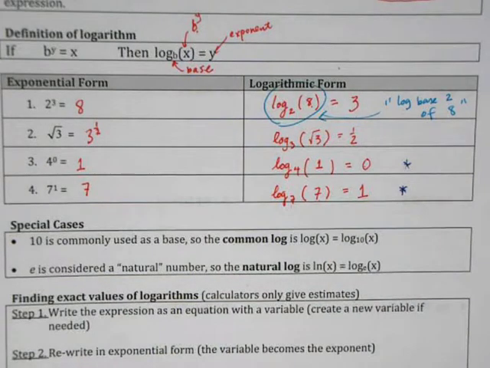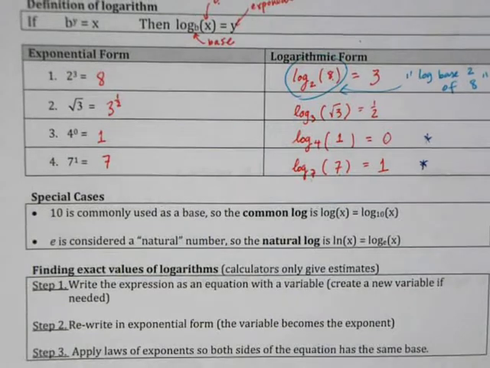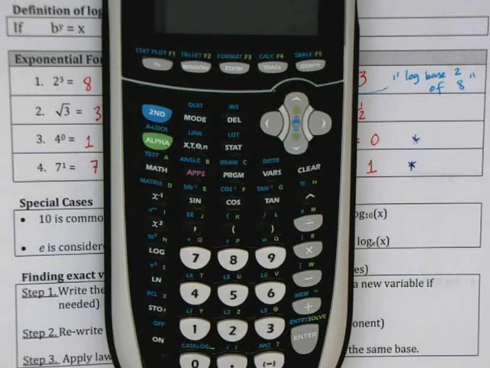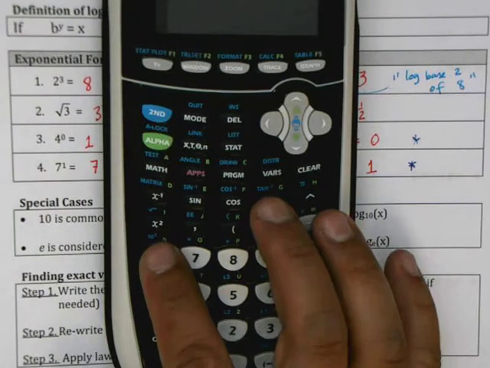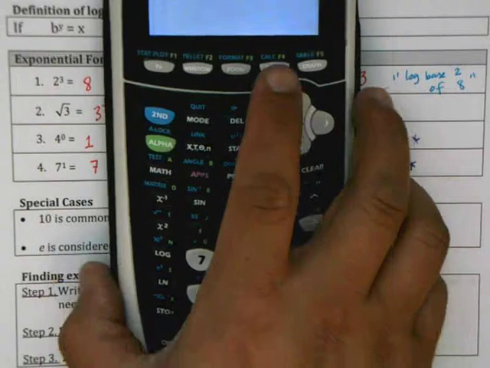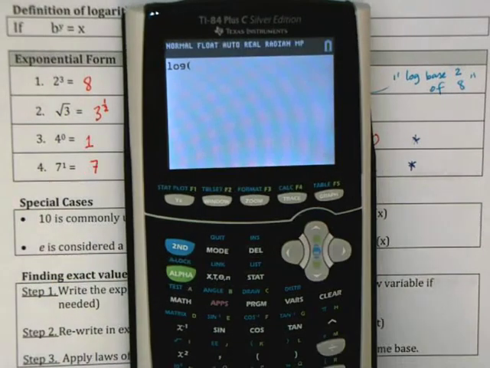Now, if you look at a conventional graphing calculator, you'll see some special cases. What you see here is the log button. When you type log without a base, this is assumed to be log base 10. So this is doing log base 10 of 100.